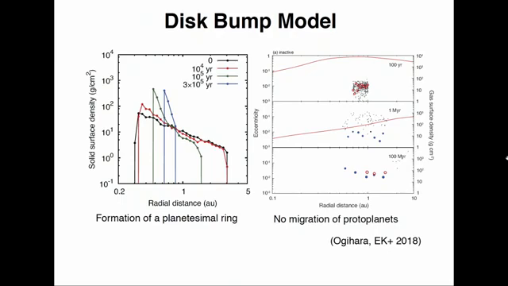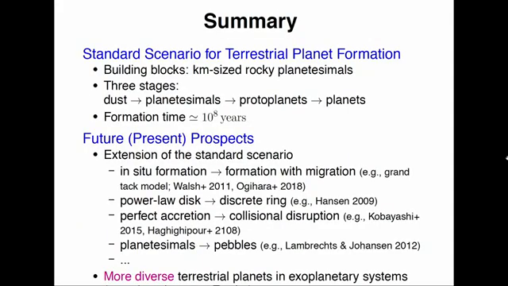Okay, so let me summarize my talk. We discussed the standard scenario for terrestrial planet formation, where the building blocks are kilometer-sized rocky planetesimals. It consists of three stages. The first is dust to planetesimals, the second is planetesimals to protoplanets or embryos, and the final one is protoplanets to planets.